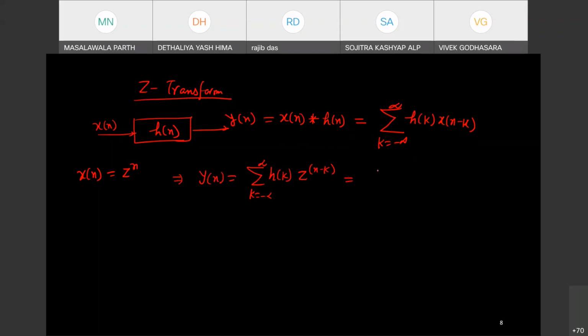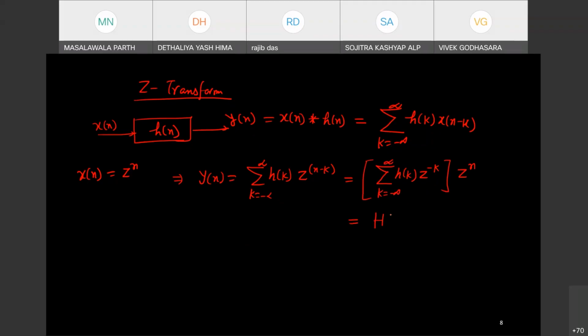Okay, so this we can rewrite as the summation of h of k z to the power minus k. Because z to the power n is independent of k, the summation is with respect to k from minus infinity to plus infinity. Obviously it is a function of z.